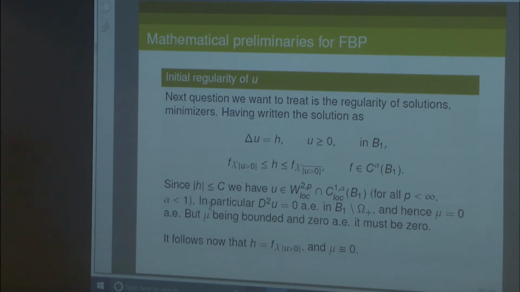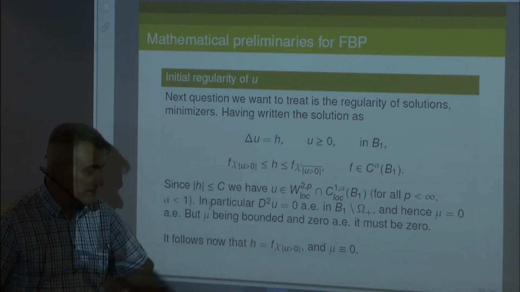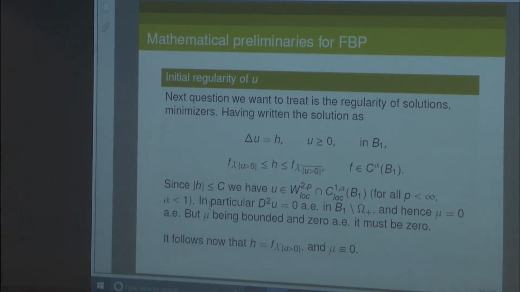This information, this PDE with h being like this, is much better information, because I don't have this extra v larger than psi. Everything is in one PDE, and it looks very much like a classical PDE.